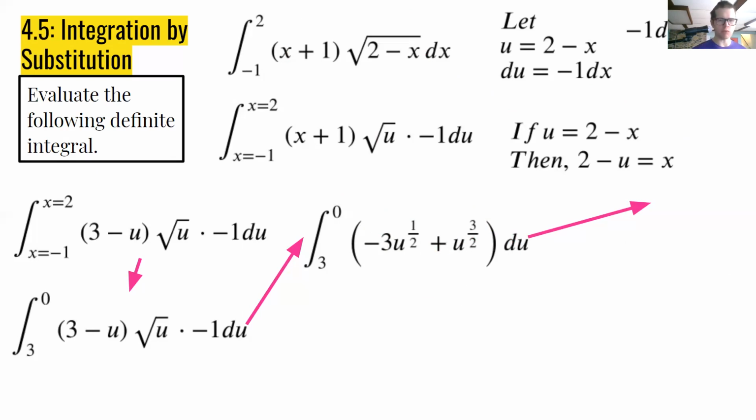For differentiation, we take the exponent, multiply the coefficient by that number, then subtract 1. For integration, since they're inverse operations, we do the exact inverse. We add 1 to the exponent and then multiply by the reciprocal of the exponent, which is also known as dividing by the new exponent.